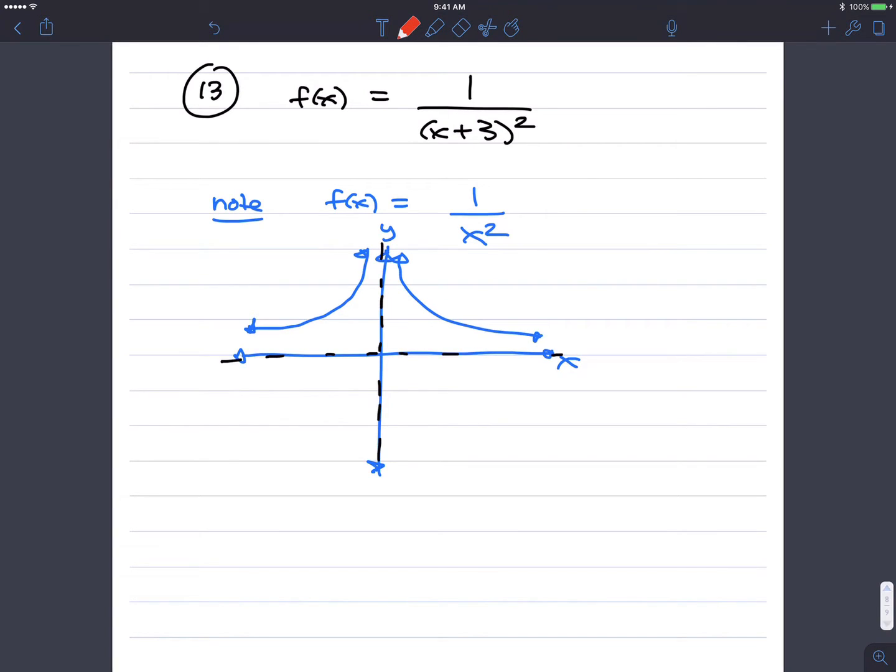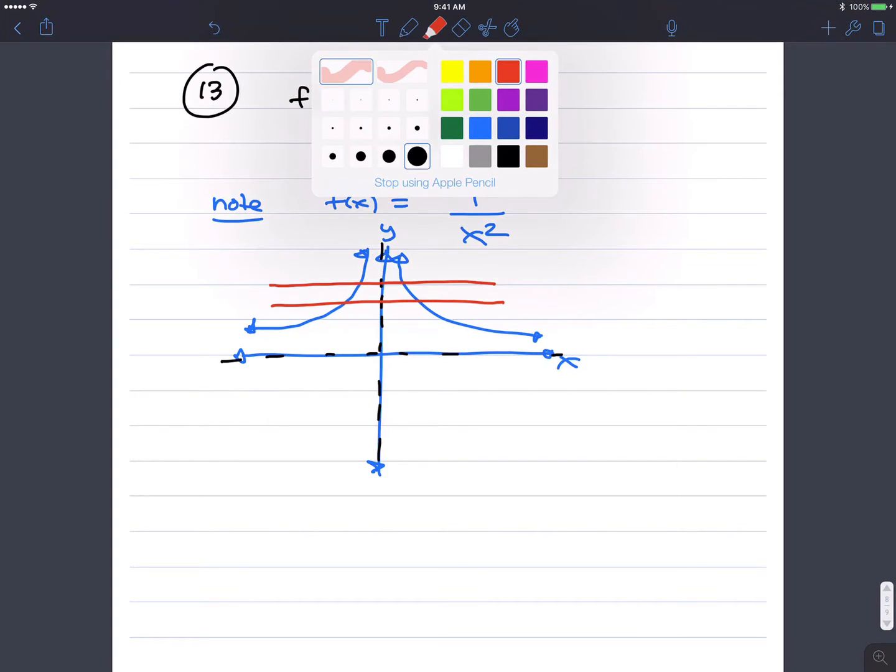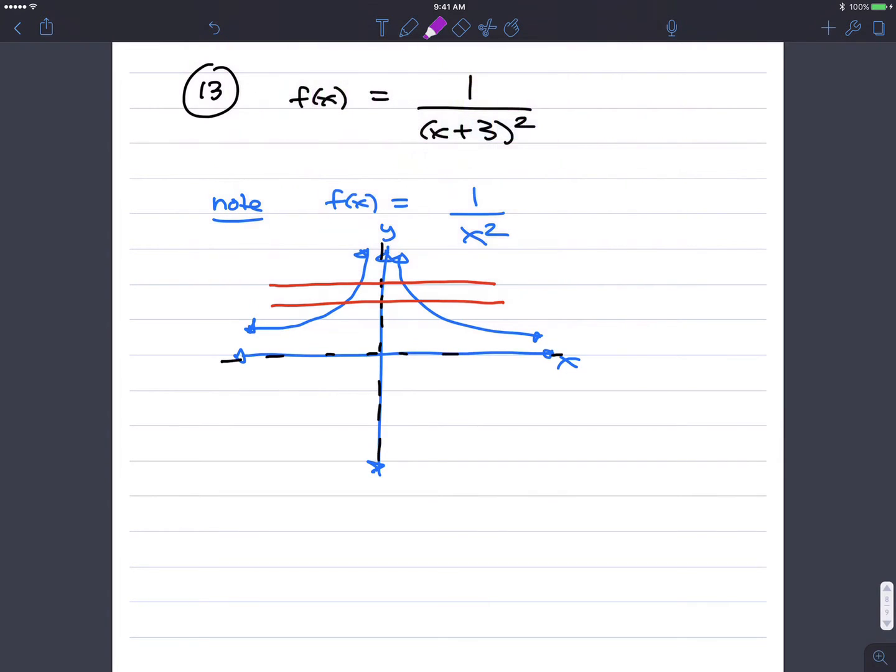Because it crosses your curve at 2 points. You see that? It fails the horizontal line test. So this is not 1 to 1. Which means this curve is not 1 to 1.